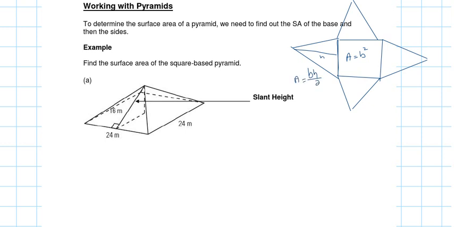I have 4 of them, so that's 4 times base times height divided by 2, right? Which is equal to 2 base times height, okay? That will only work with 4 equal sides.